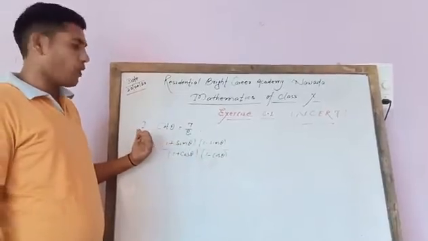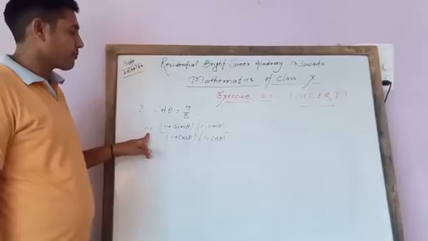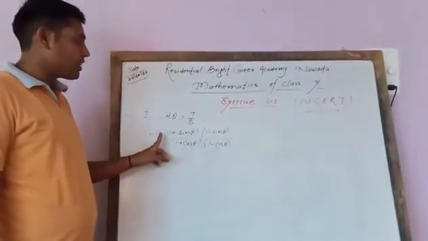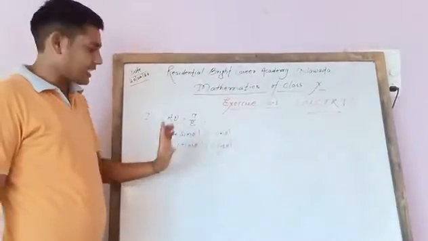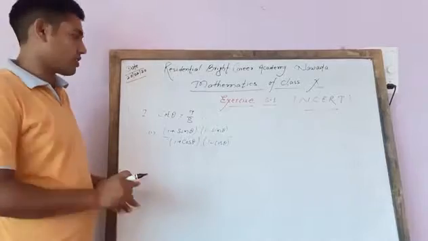Again, the next question of exercise 8.1, question number 7, the first one. If cot theta is equal to 7 by 8, then we have to find the value of (1 plus sin theta) into (1 minus sin theta) upon (1 plus cos theta) into (1 minus cos theta).